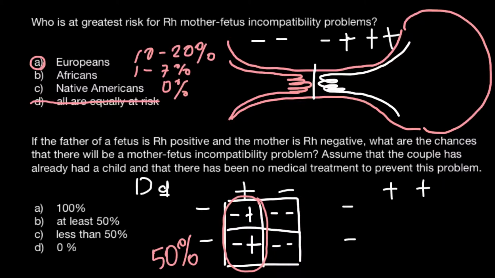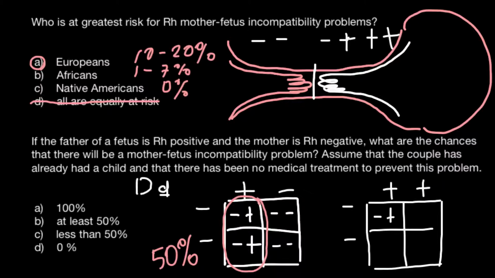And in the second scenario, when the father is homozygous for the Rh positive factor, we may see the picture as follows. Here we would have negative positive, negative positive, and negative positive, because positive is dominant, so positive is capital D and negative is small d.